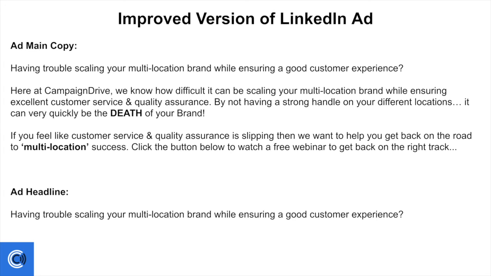So let's read through this. Having trouble scaling your multi-location brand while ensuring a good customer experience? Here at Campaign Drive, we know how difficult it can be scaling your multi-location brand while ensuring excellent customer service and quality assurance. By not having a strong handle on your different locations, it can very quickly be the death of your brand.